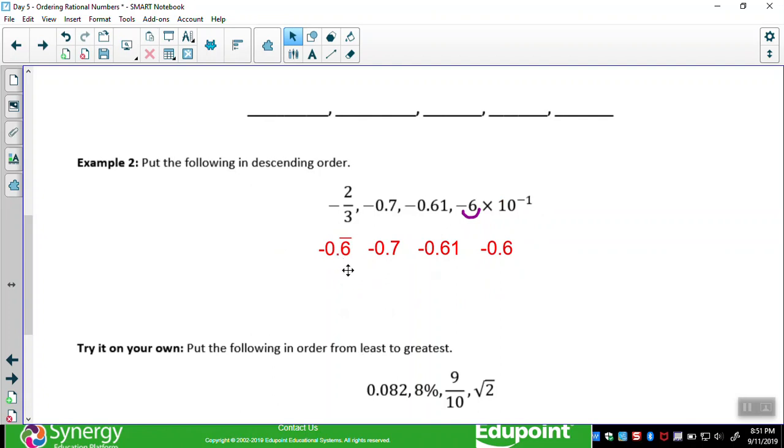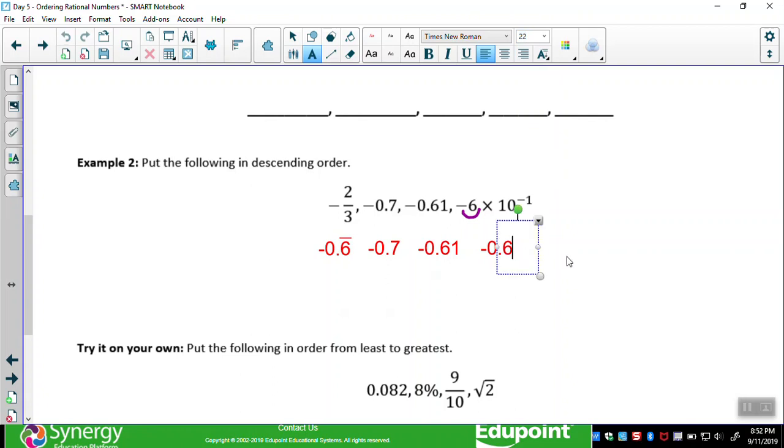So again, sometimes I like to add numbers to the ends of them to even them all out. This one has 2 decimal places, while the rest of these have 3. So I'm going to make that a little smaller, and I'm going to add a 0 onto the end of this one. This one already has 2 places. I'm going to add a 0 onto the end of this one, just to even them out a little bit.